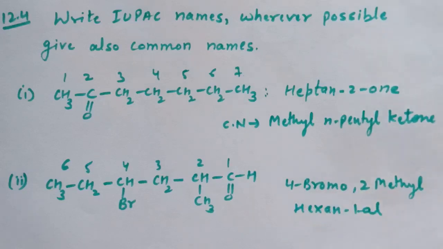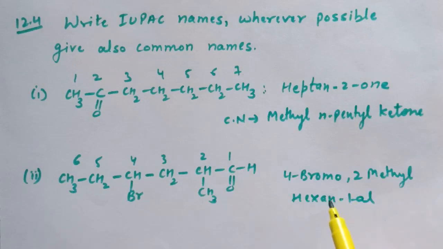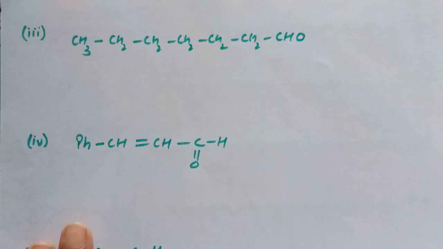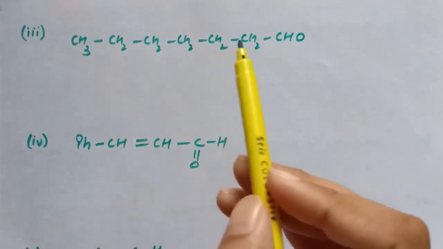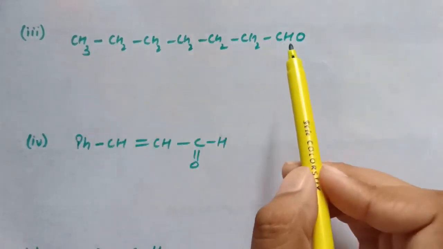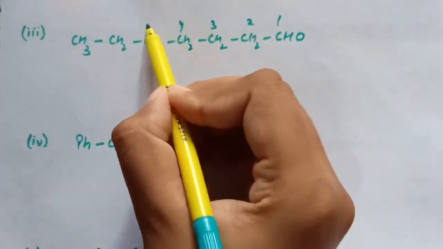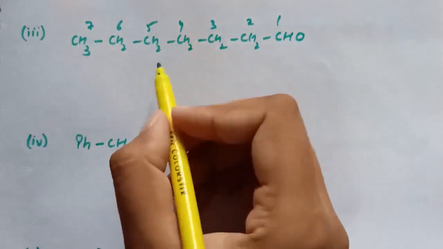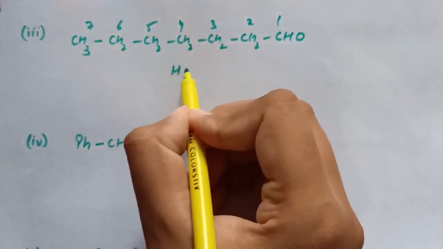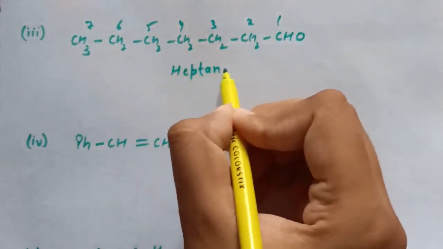This is the IUPAC nomenclature for this structure. Now third is again a compound containing aldehyde as functional group: 1, 2, 3, 4, 5, 6 and 7, and the IUPAC nomenclature is heptanal.